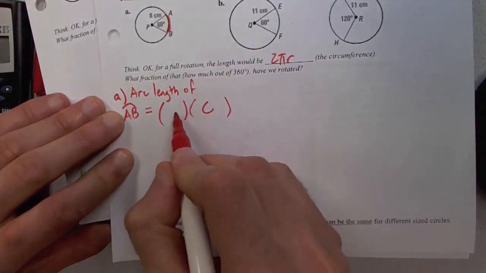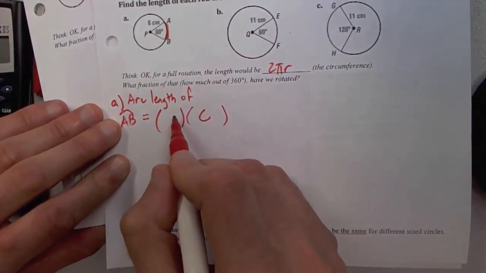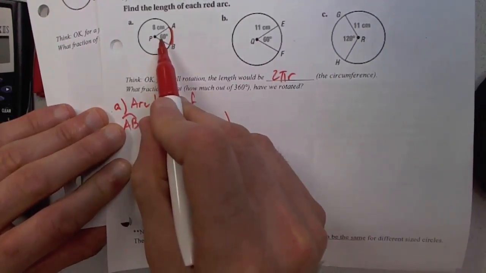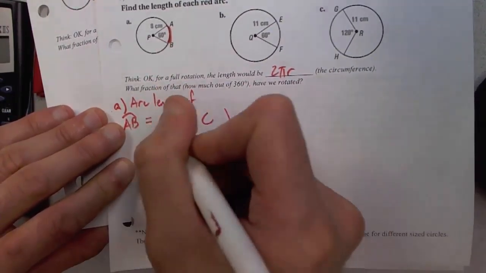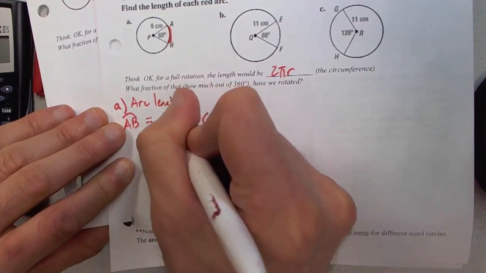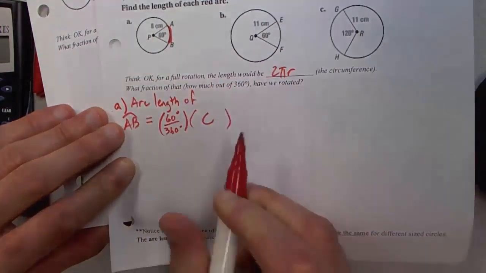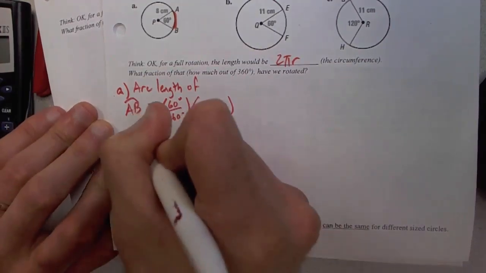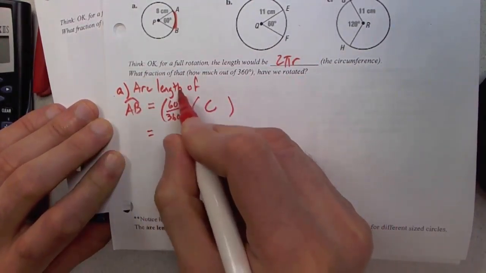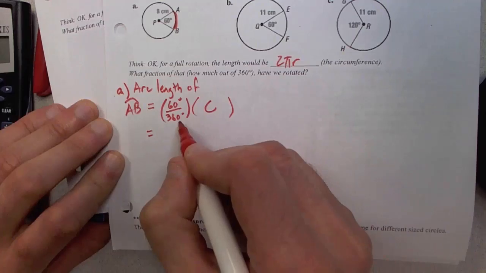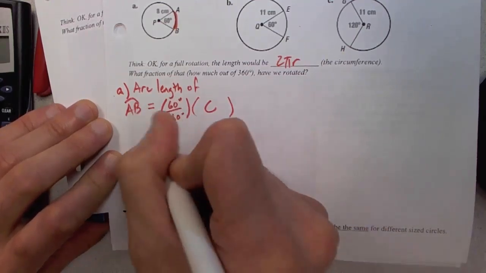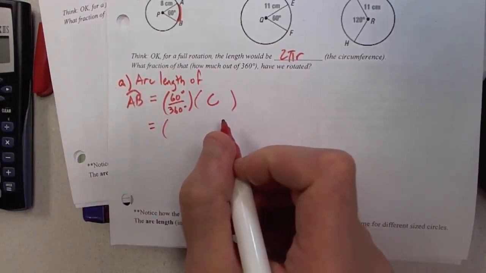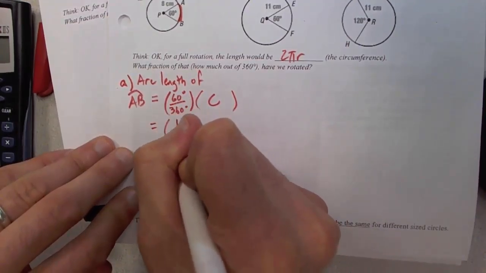To say what fraction of the circumference. And remember, how do you find this fraction? You just say, well, how much is 60 degrees out of 360? So you go ahead and just put 60 degrees out of 360 degrees. The arc length is just what fraction of the whole thing. We can simplify this, degree over degree, 10 divided by 10, so I get 6 out of 36, and 6 out of 36 reduces to 1/6.